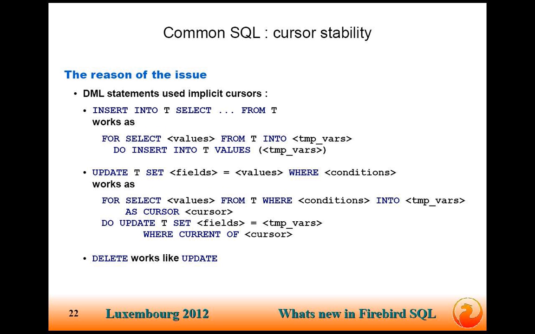So when this cursor loops over the rows existing at the moment of the start of the statement, it will find the newly inserted rows and will again return them to the loop, and it will again insert them, and so on. It will be endless. So basically the main problem is that the statement sees the rows which are modified by the same statement. This is the core of the issue.